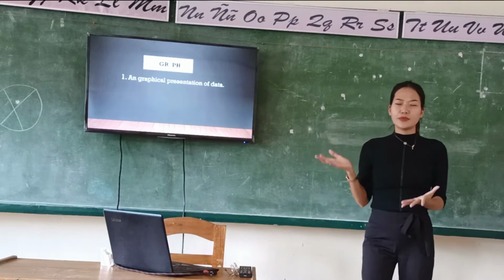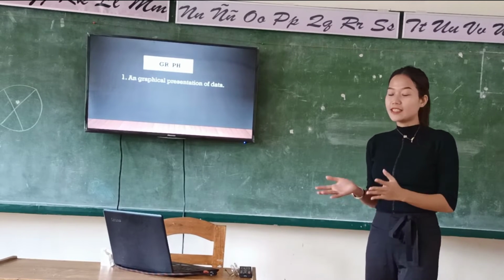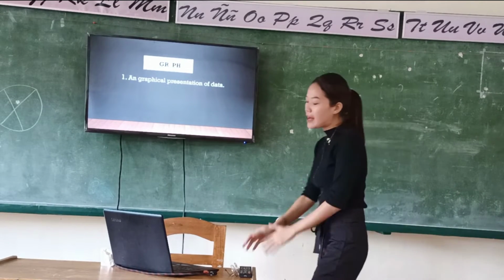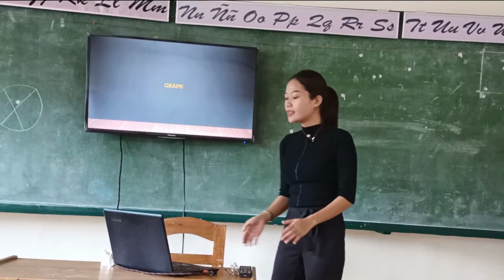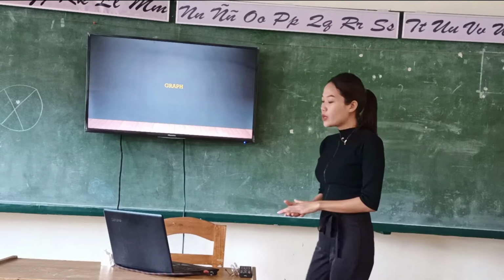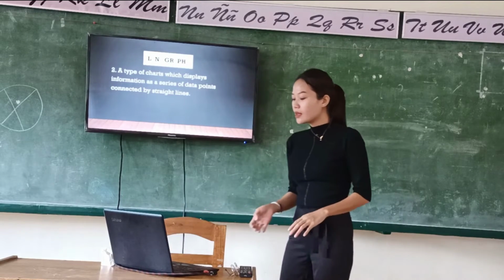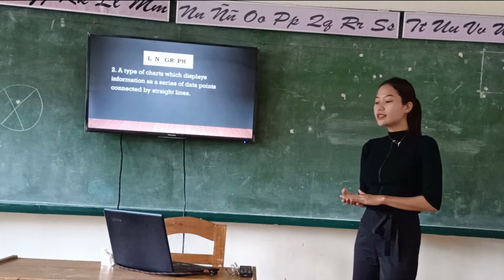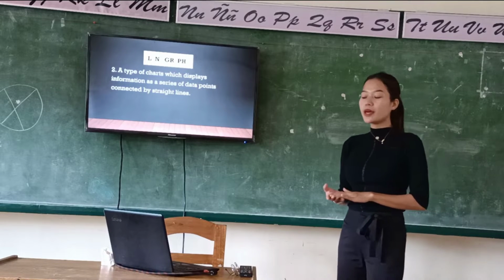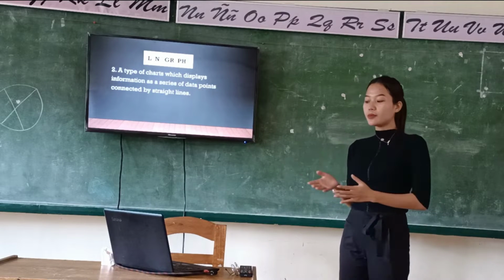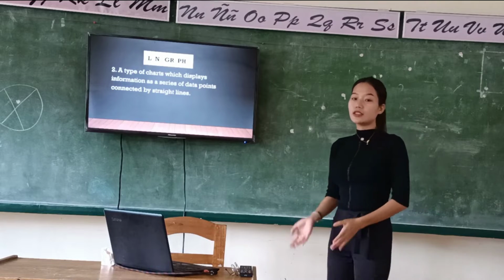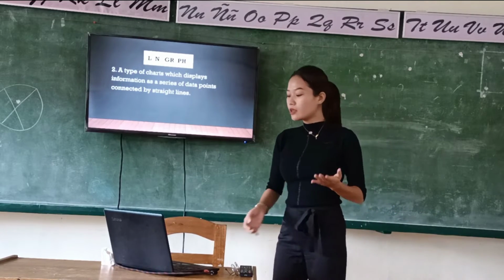What do you think it is, Mr. Guzon? Yes, very good. It is graph. Next, a type of chart which displays information as a series of data points connected by straight lines. Very good, class.